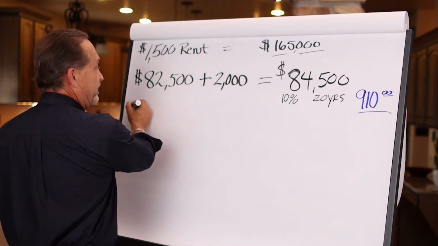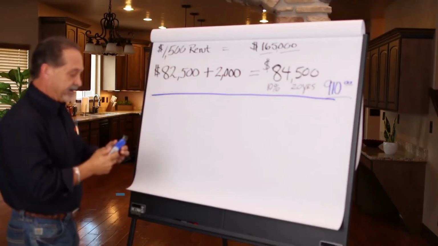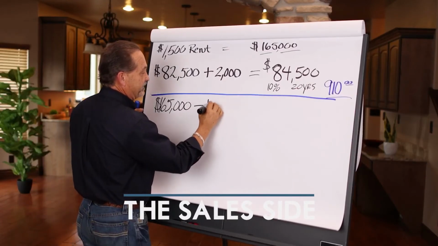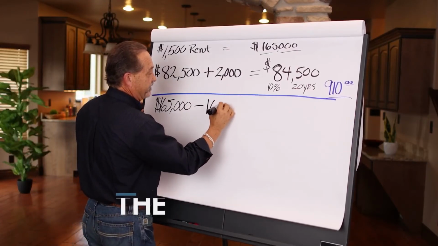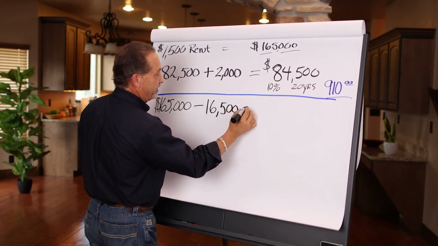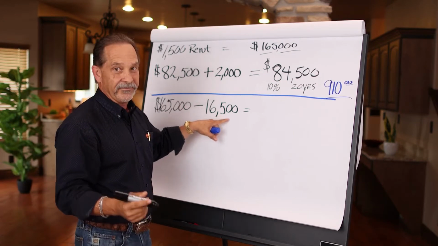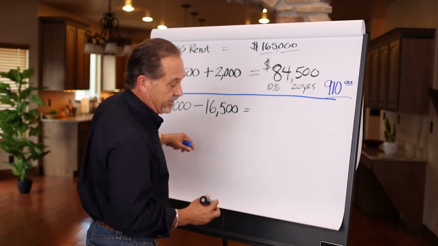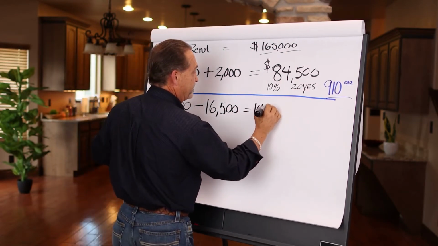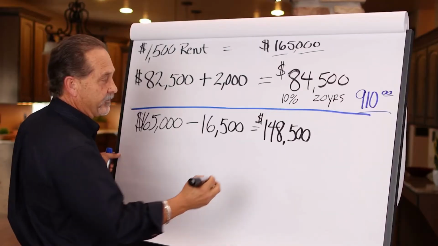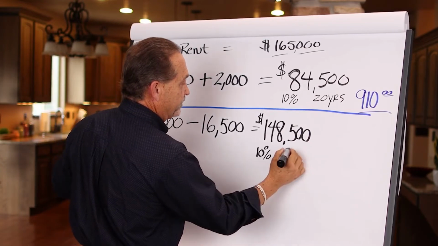So now we're going to go to the sales side. I'm going to sell this house for $165,000. And I'm going to get $16,500, or 10% down. And I do that all the time. And so $165,000 minus $16,500 cash down payment equals $148,500 that I'm going to carry for my buyer, and I'm going to carry this at 10% for 20 years.